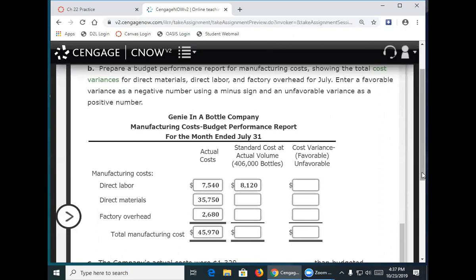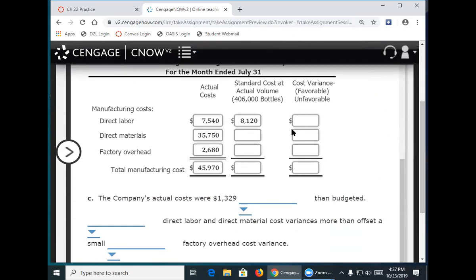And when I look at that, now that I've flexed it for the labor, before, when I just compared the standard cost to the actual cost, it looked like standard costs were higher. But my standard direct labor cost was 8,000. So now that's increased, of course, because we're considering the actual volume of 406. So the actual costs are less than the standard costs.